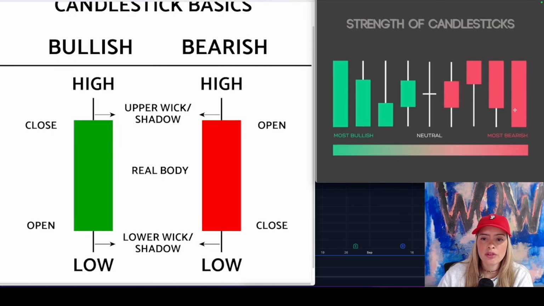When it comes to bearish, again, the bigger the body, the stronger the continuation is gonna be in that direction. So this is the bearish. If you have a strong bearish move, most likely it's gonna continue to that side. And then we have all these from here to the middle. It's gonna be the strongest to the weakest one.